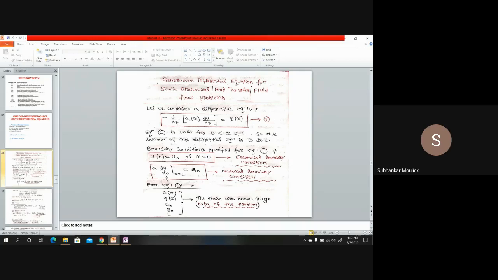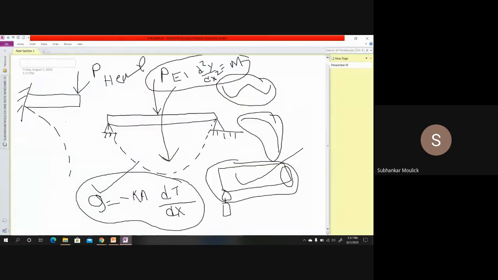Then the slope of the curve will be equal to capital Q naught at x is equal to L. That means for this problem, when x is equal to L, that means at this point, because x varies like this, x is nothing but the length of the beam.